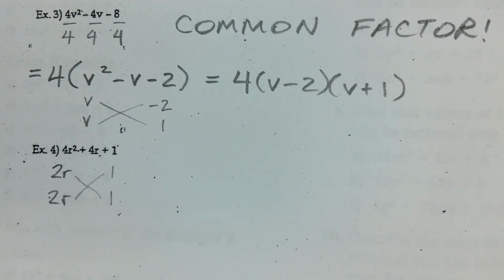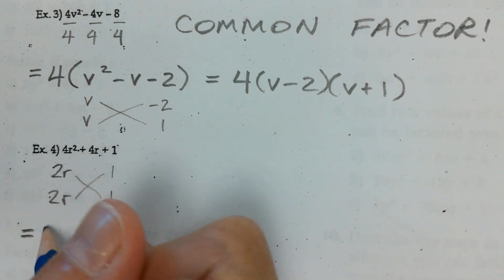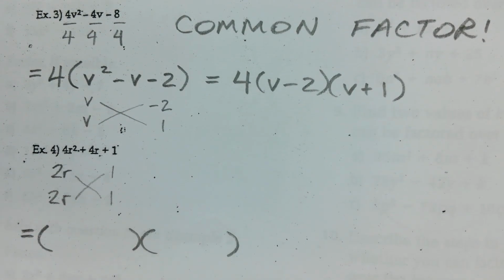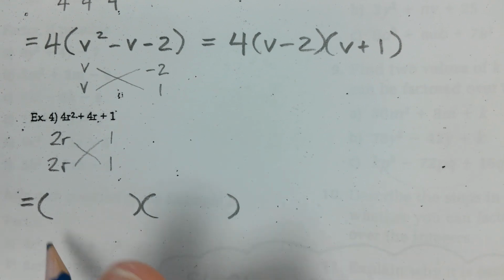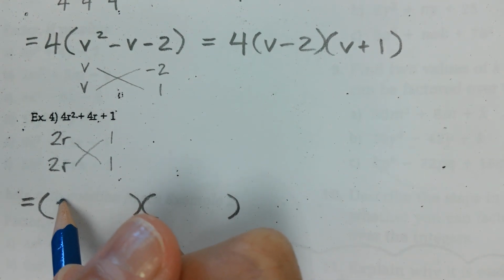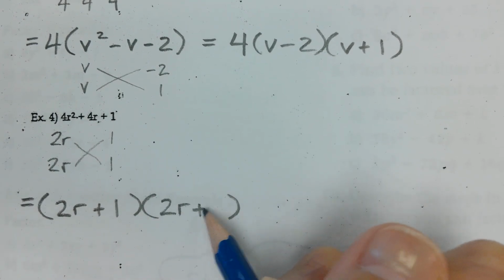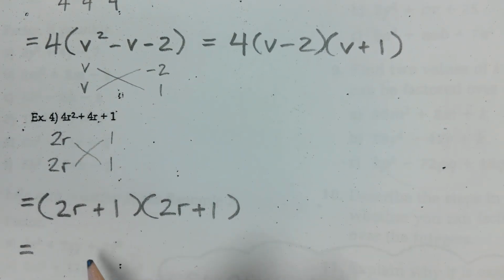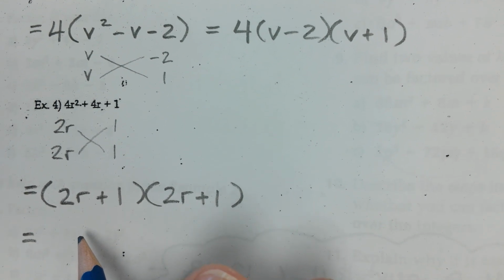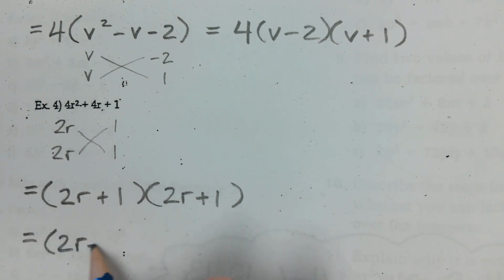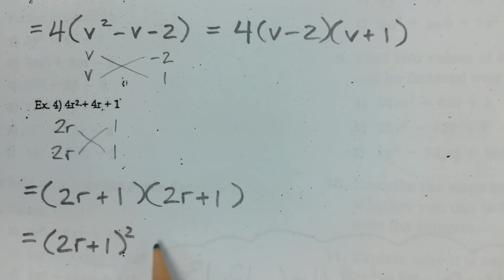So when I multiply, I get that 4r in the middle. So what are my 2 brackets, Emma? And my last step? Perfect. Yes, I do need to see this last step because this is not factored fully. This is factored fully.